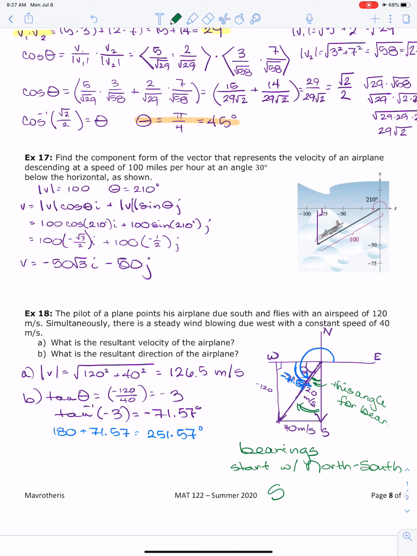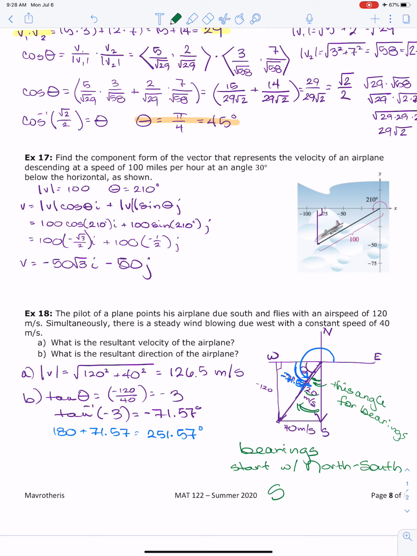So whenever we talk about directions or reference angles, it's all with respect to the x-axis. When we talk about bearings, we're talking with respect to the y-axis. And I got a negative 71.57 there. So I definitely want to figure out how far away that is from the y-axis.